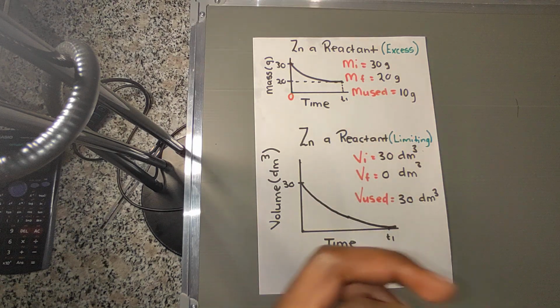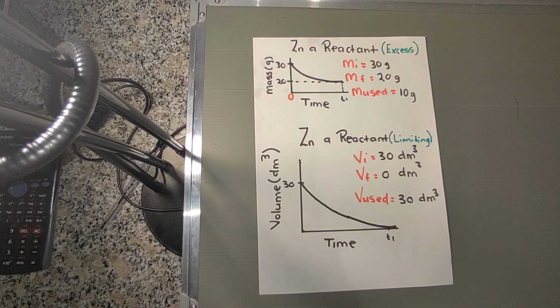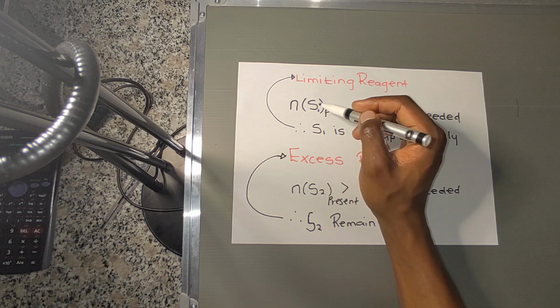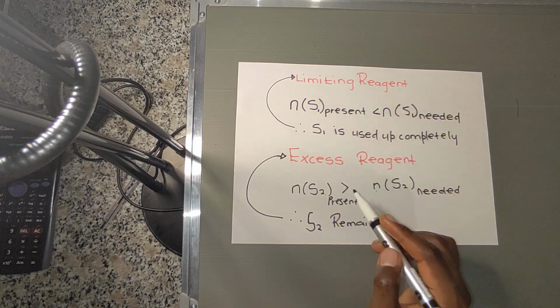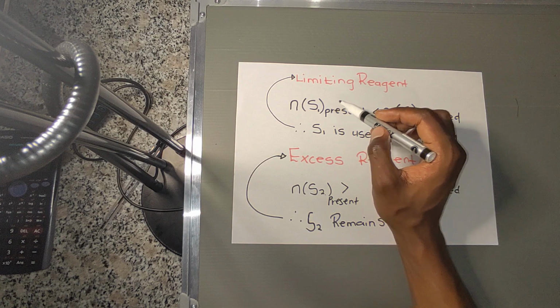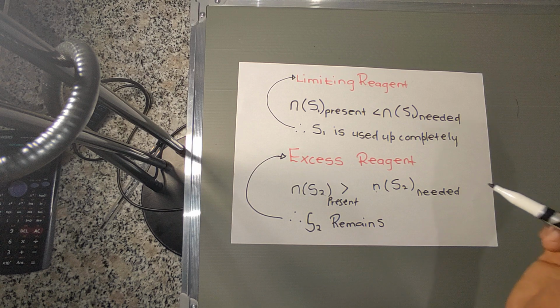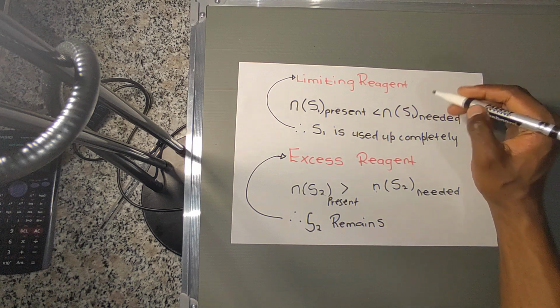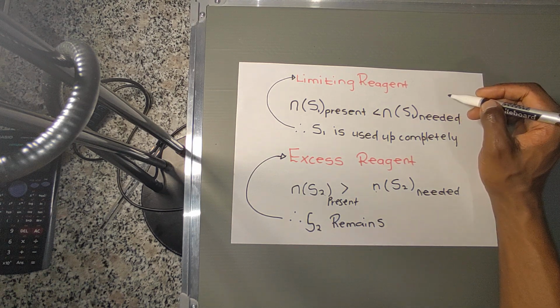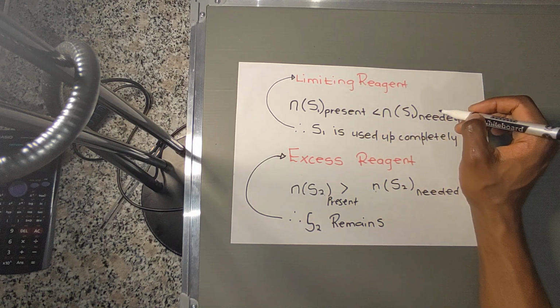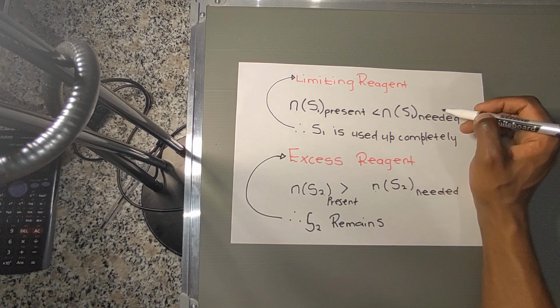Now let's try to have some interpretations of how we can identify or determine the limiting reagent. Let us say we have this reactant I'm calling substance number 1. Let us assume that I know the initial or the present number of moles before the reaction, and the number of moles that I need for the reaction.